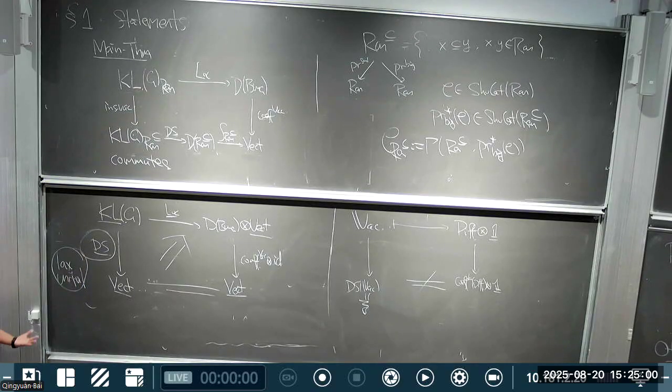And you can never expect a right non-unital local-to-global functor to be equivalent to a strictly unital one. So there's no way to believe that.